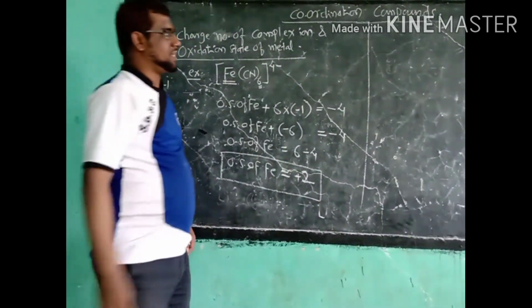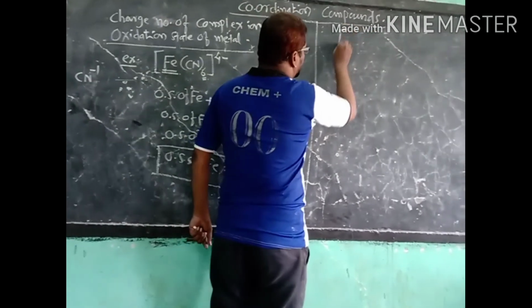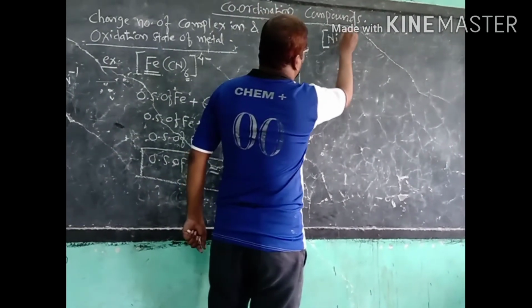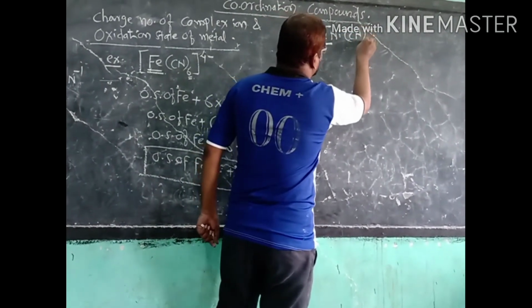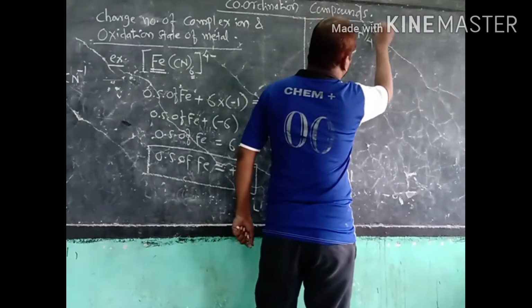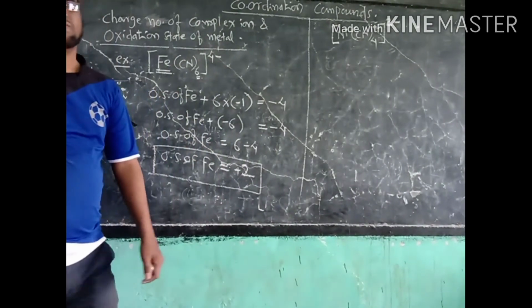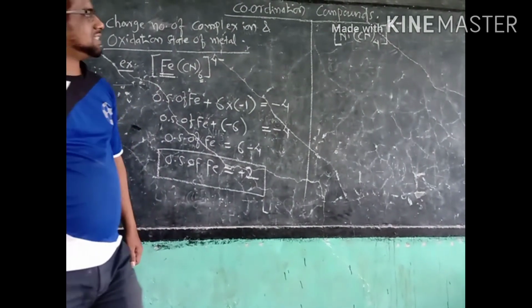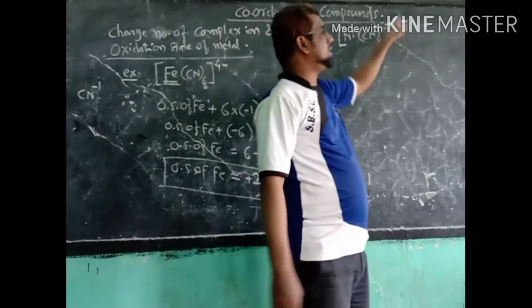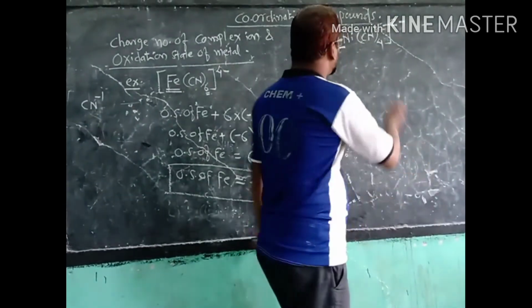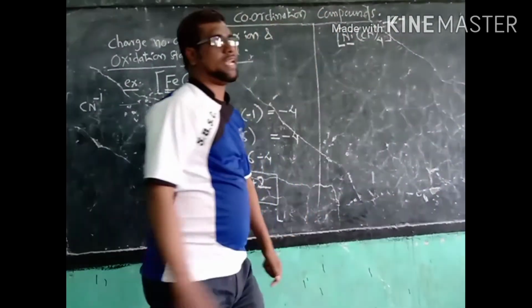Another example we shall take is Ni(CN)4 dinegative. The charge number in this complex ion is minus 2. You have to calculate the oxidation state of nickel.